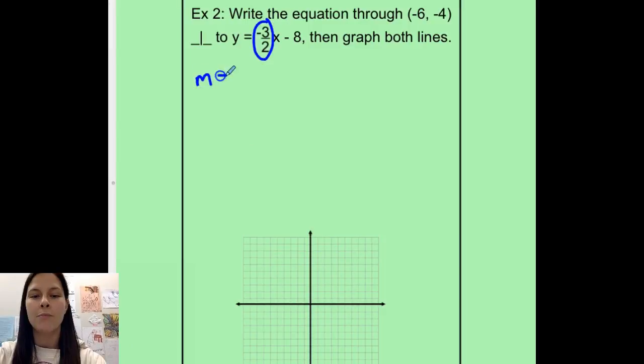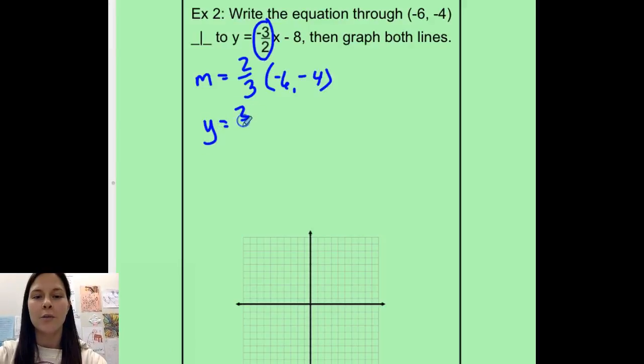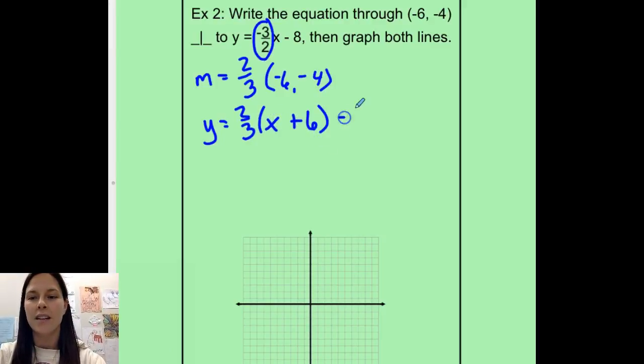It will be opposite. The given slope is negative, so I want a positive slope, and I will flip it to 2/3, and then use the ordered pair that I was given. Substituting those into the point-slope equation, y equals slope, (x, that -6 goes inside, becomes opposite), the -4 goes on the outside and stays negative.